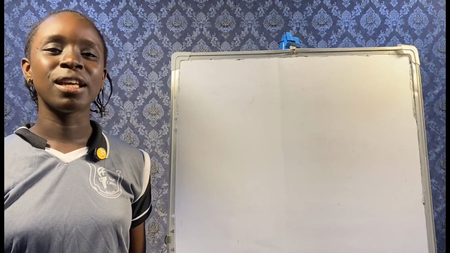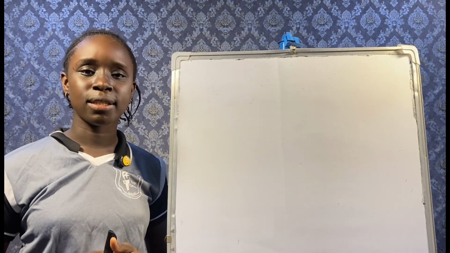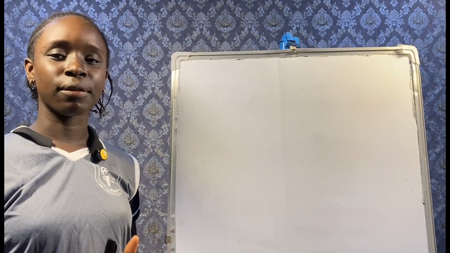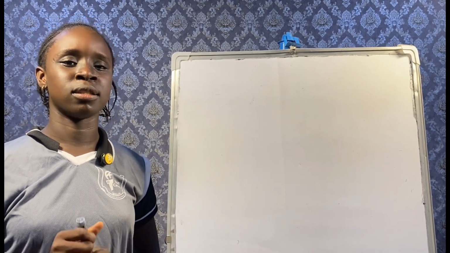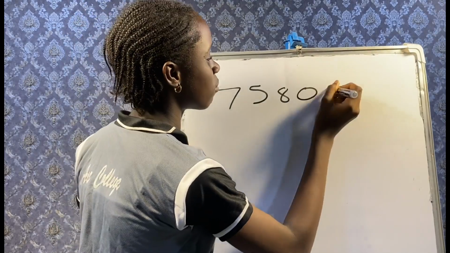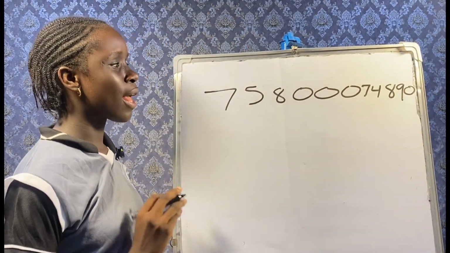The golden rule is grouping in threes. The key to reading and writing those large numbers is grouping in threes. We always group in threes, starting from the right-hand side. Let's take an example. This is a huge number, right? So let's group it.